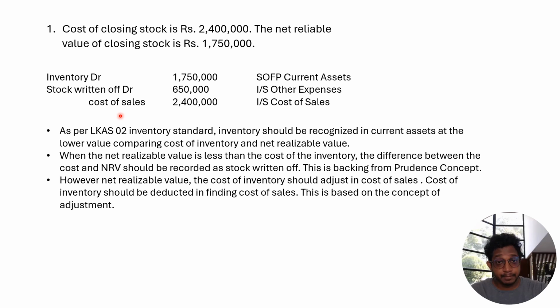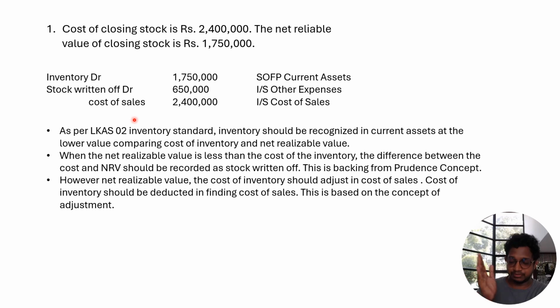Because when you are finding the cost of sales, it is the cost that relates to your current year sales. This closing stock was included in purchases and the opening stock, but it didn't get used for current year sales.